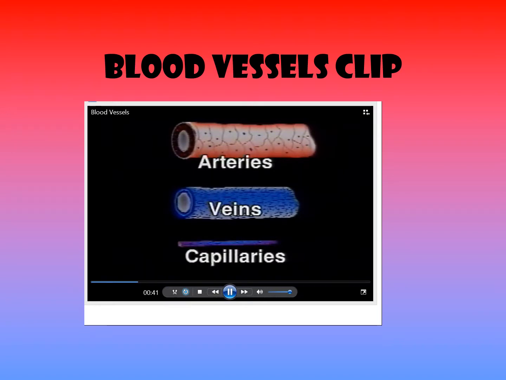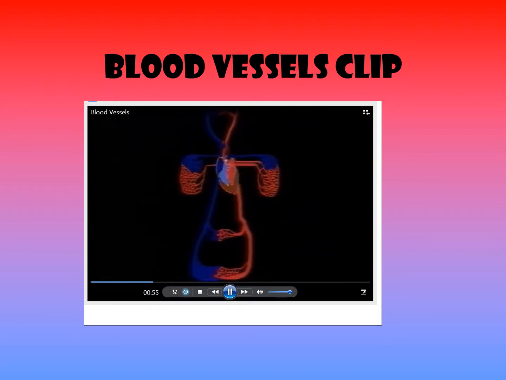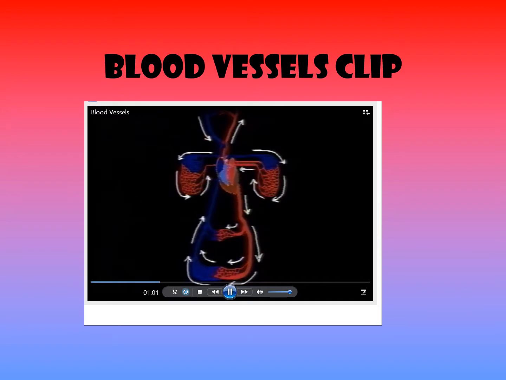There are so many of these vessels that most living cells of the body are close to capillaries. The capillaries rejoin to form veins, which are the blood vessels that return blood to the heart. In this diagram, the arteries are shown in red to represent oxygen-rich blood, and the veins are shown in blue to show oxygen-poor blood.